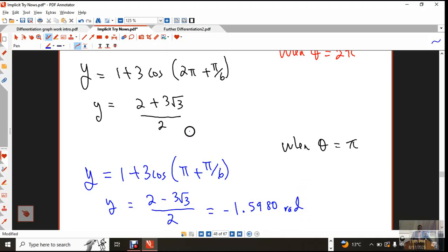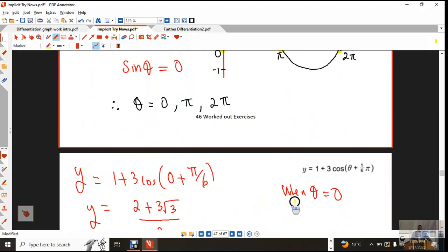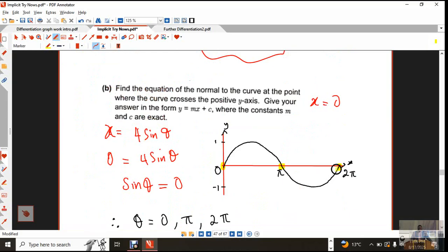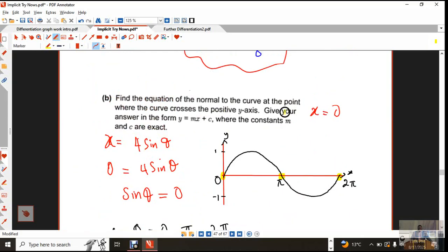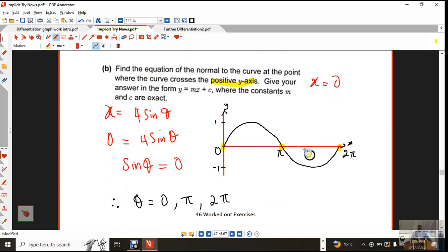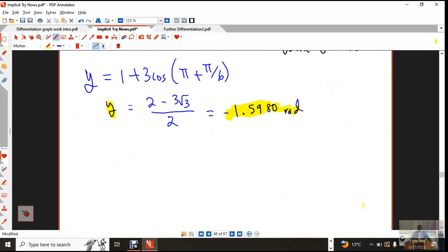The reason why I wrote it is that it's very difficult for you to see that this is a negative y value. And our question right from the beginning says, where the curve crosses the positive y axis. So this is a negative y axis, so we are not going to consider it.